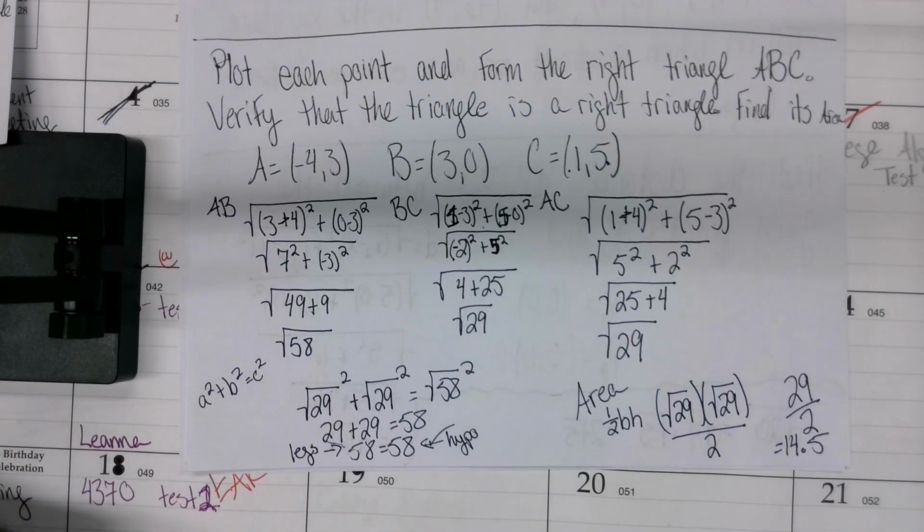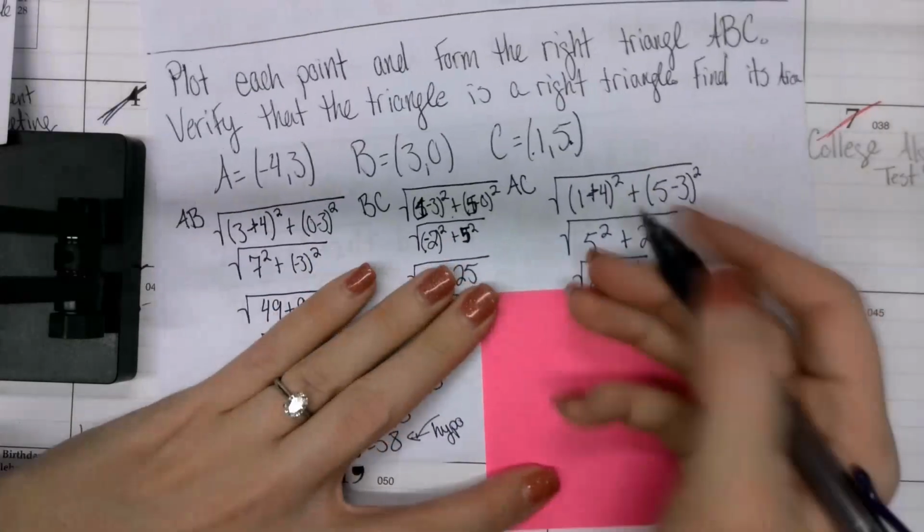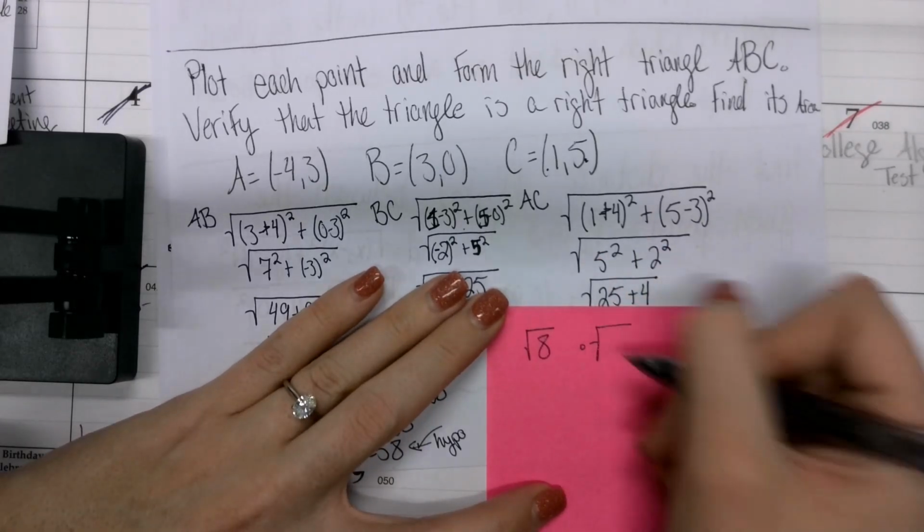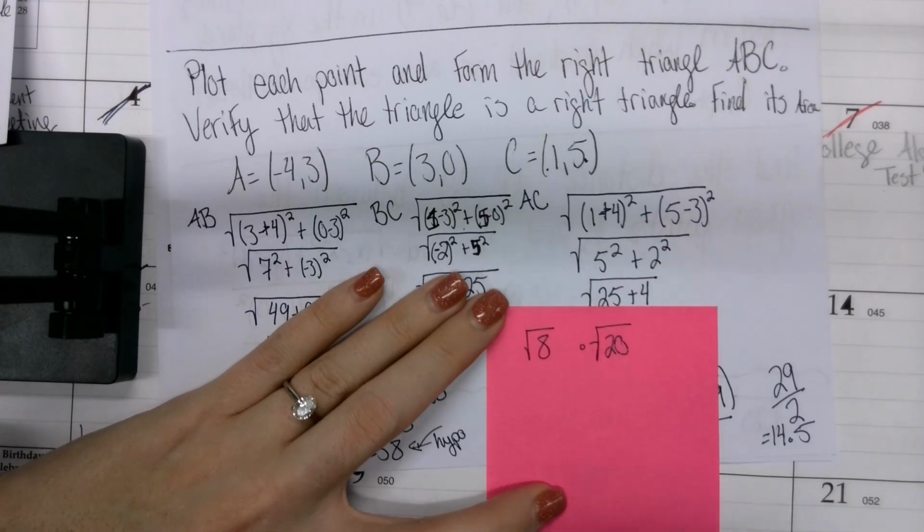There's some that obviously aren't going to have the same legs, and just remember when you get to them, multiply the square roots, and they like to use 400 a lot. So there was one that was the square root of 8 times the square root of 5. Someone ended up with a leg length that was the square root of 8, and then the other one was the square root of 20, I believe. 8 times 20, 160.